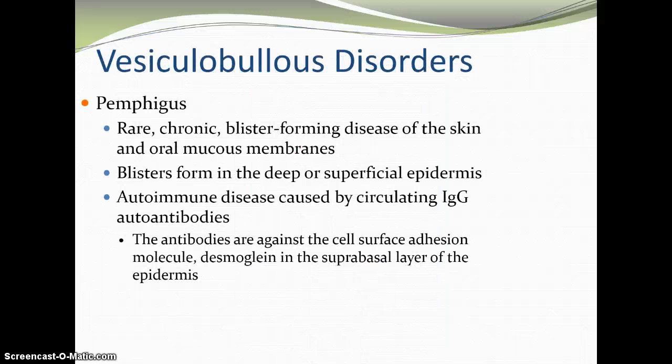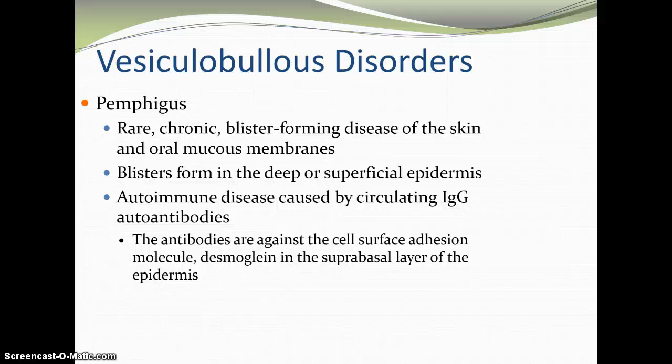Pemphigus is an interesting vesiculobullous disorder, not the papulosquamous, but this is now vesiculobullous disorders. So pemphigus is rare. This one is a blister-forming disorder in the skin or oral mucous membranes.